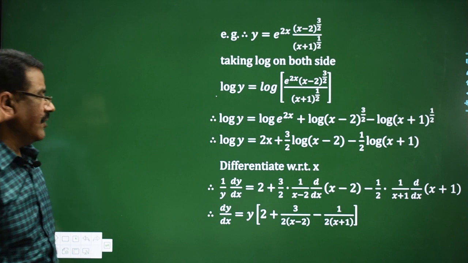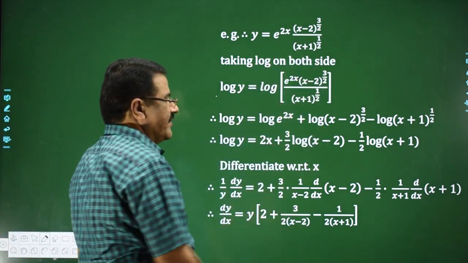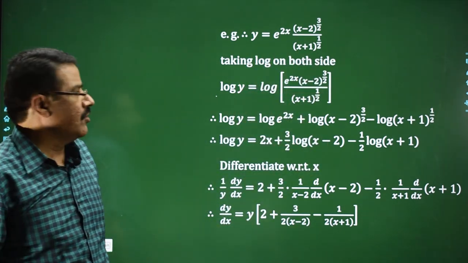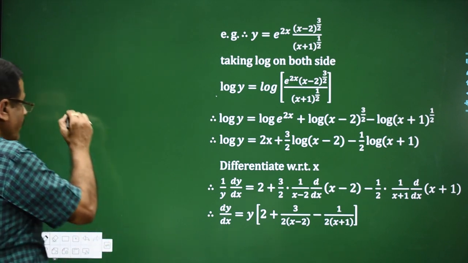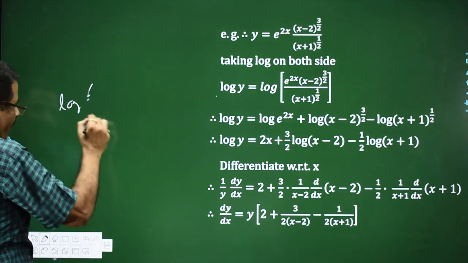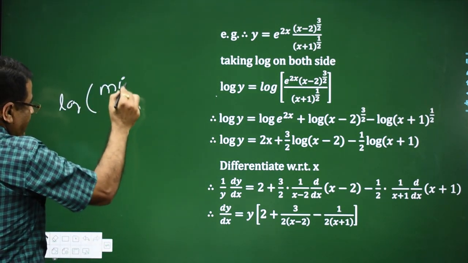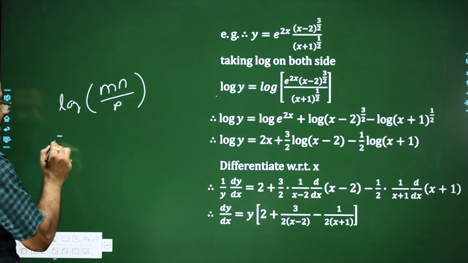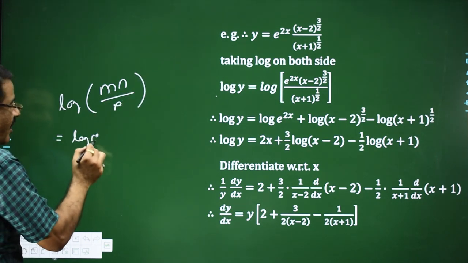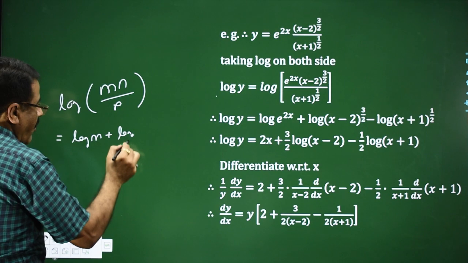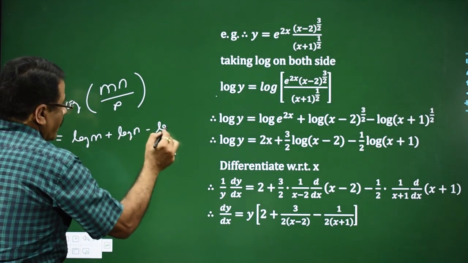So, here we are having log y is equal to log of everything, and now we have to use laws of logarithm. We know very well, if it is in the form of log of m into n upon p, we can express that as log of m plus log of n minus log of p.